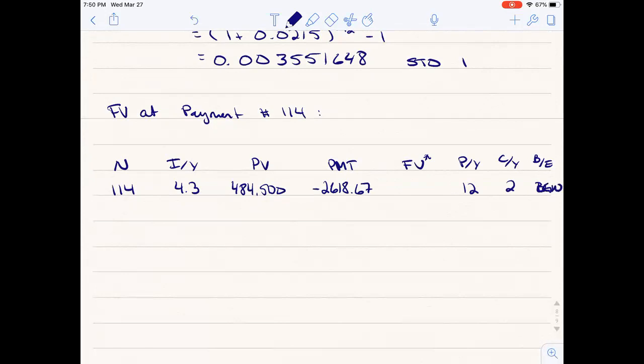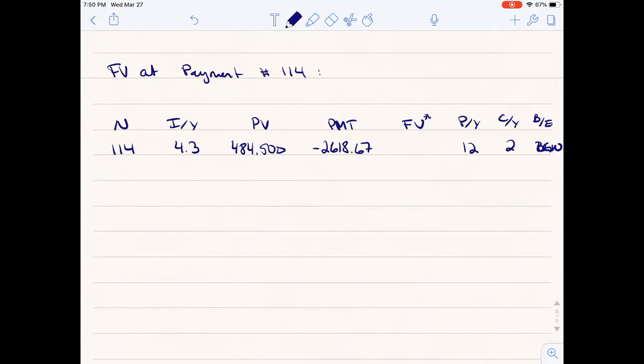So 114 is our N, 4.3 is our interest per year, 484,500 is our present value, and negative 2618.67 is our payment. The payments per year, compoundings per year, and beginning or end haven't changed, so I'm not going to bother going back and putting them in. And so we can go back and compute the future value.